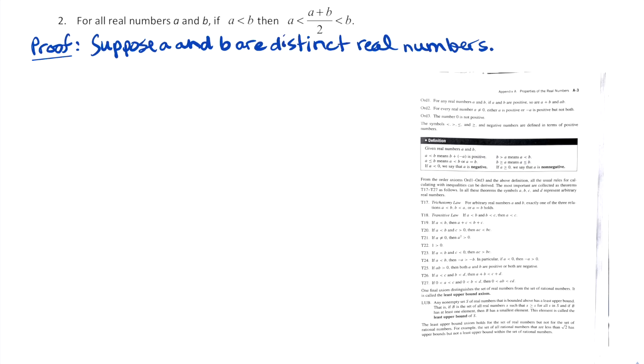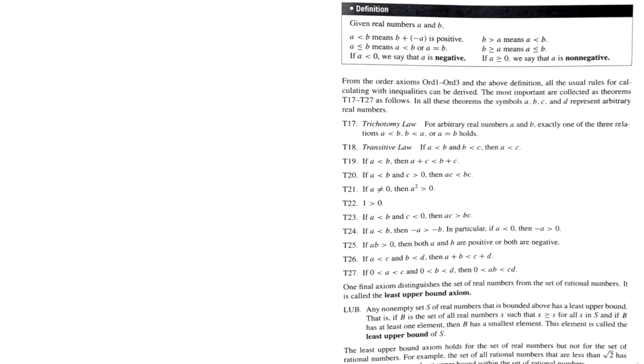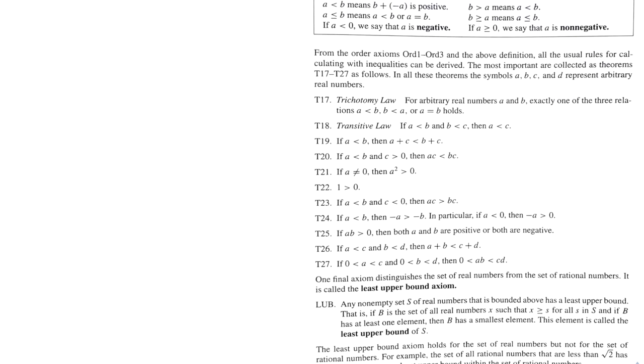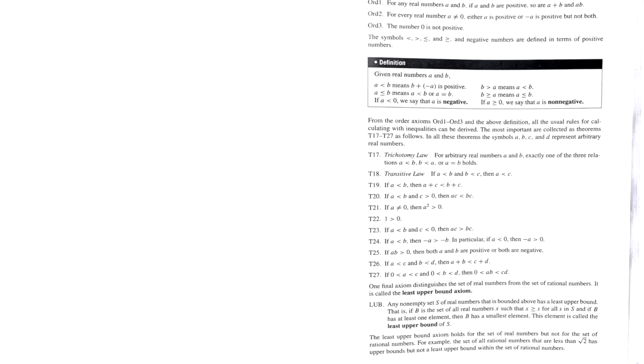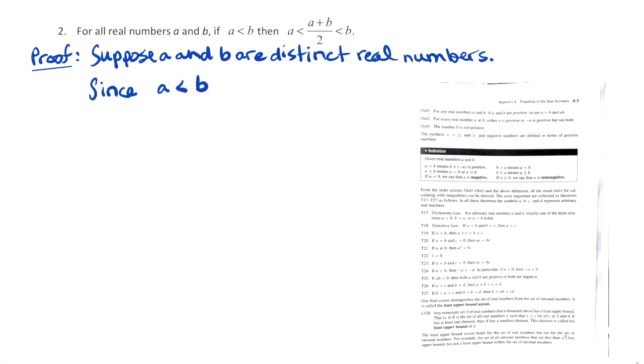Now, since A is less than B, if you look here in these theorems, if you add the same quantity to both sides of an inequality, the inequality holds true, right? Even if you add a negative.